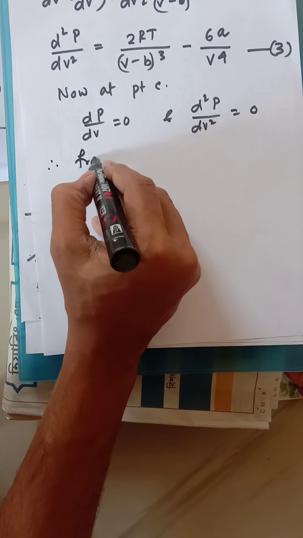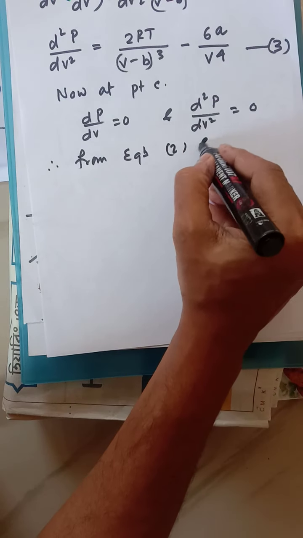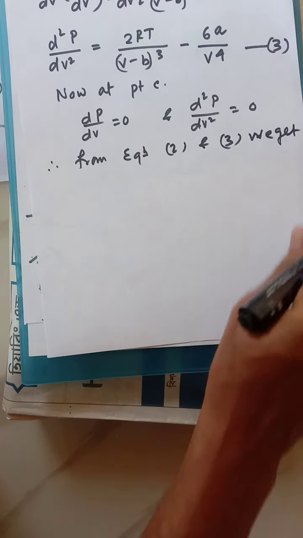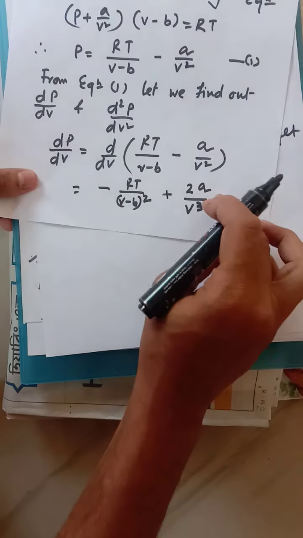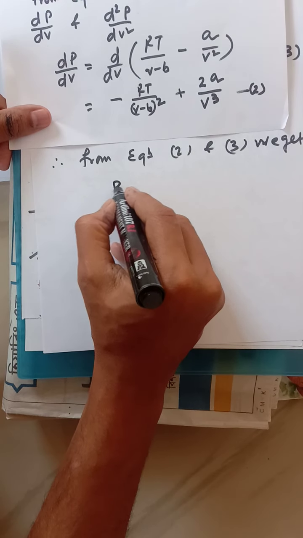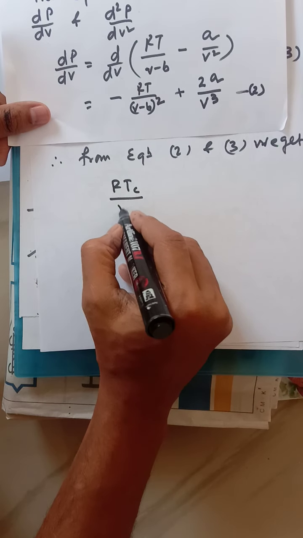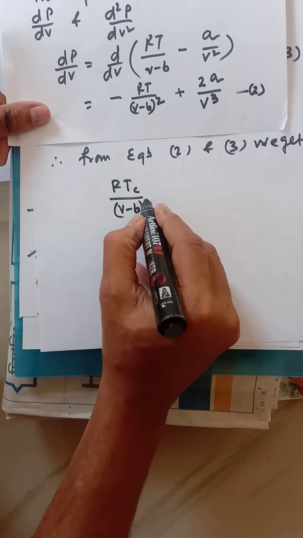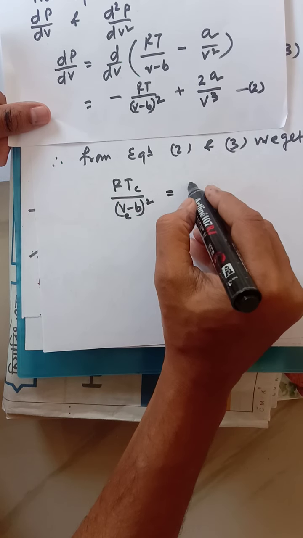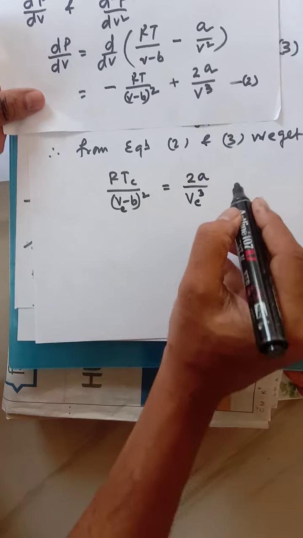Therefore, from equation 2 and 3, if we put 0 over here, we are getting RTC/(VC minus B) whole square equal to 2A/VC cube.